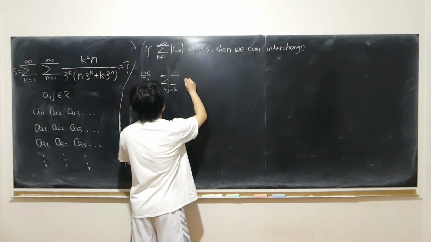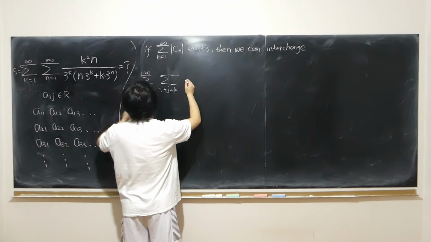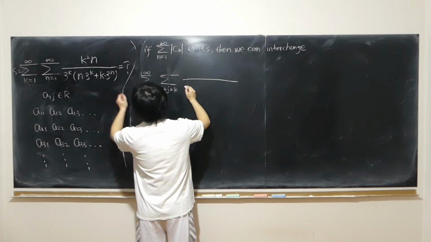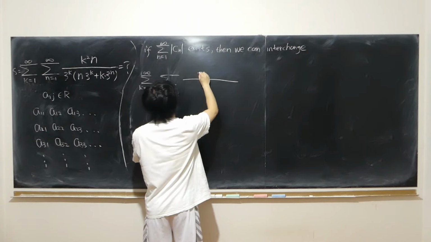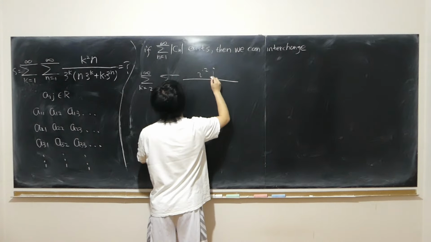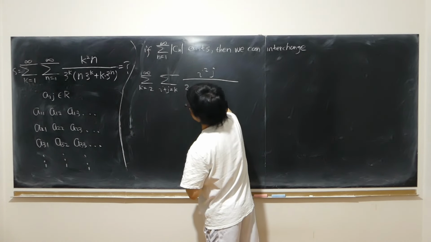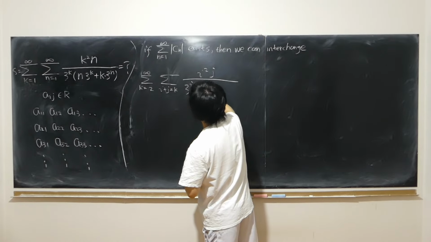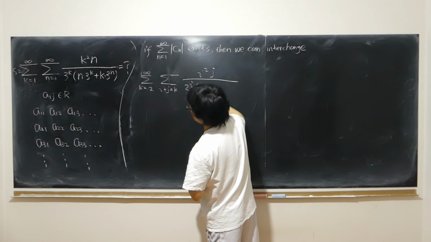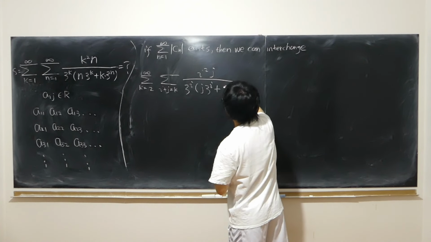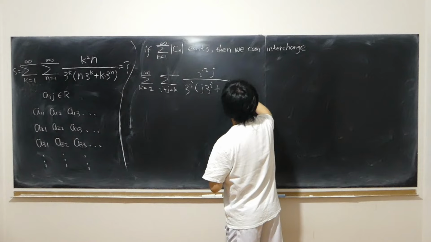So, okay, so this one. So i squared times j, over 3 to the i times j times 3 to the i plus i times 3 to the j.